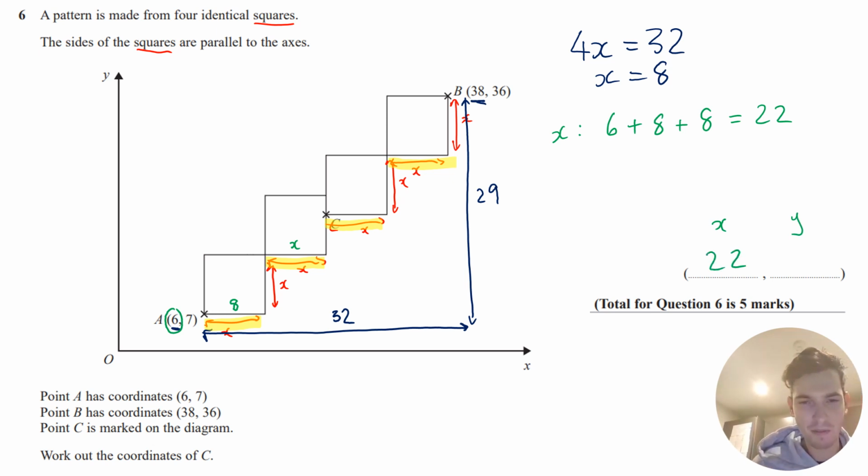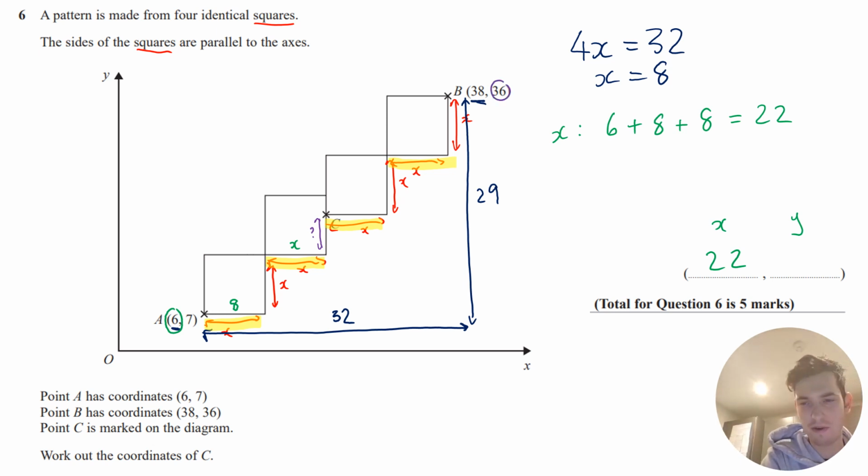And how am I going to find my y coordinate? Well, if I start off from my 7 this time, that's going to be a bit of a problem, because I don't know what that distance is there. So I'm not going to start off with my 7. Instead, I'm actually going to start off from my 36.